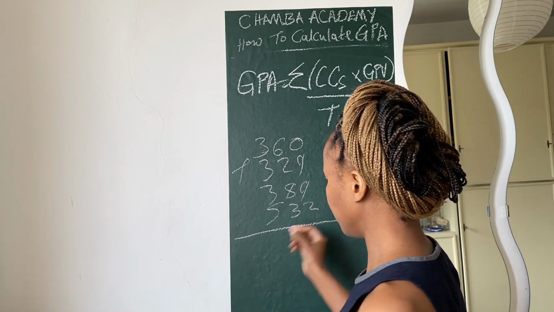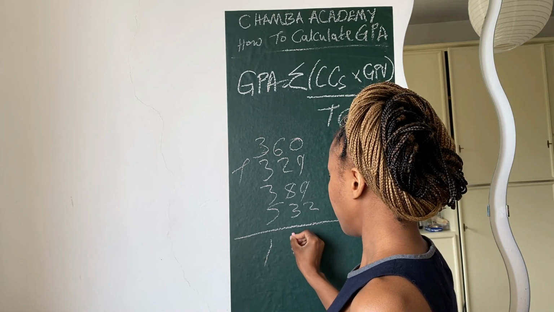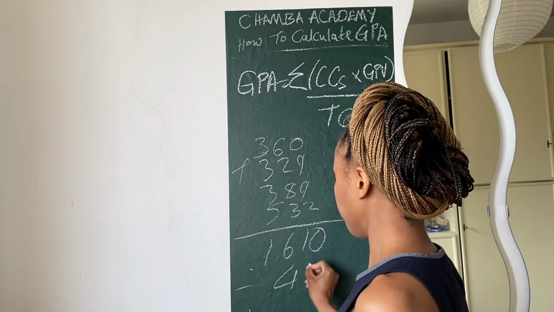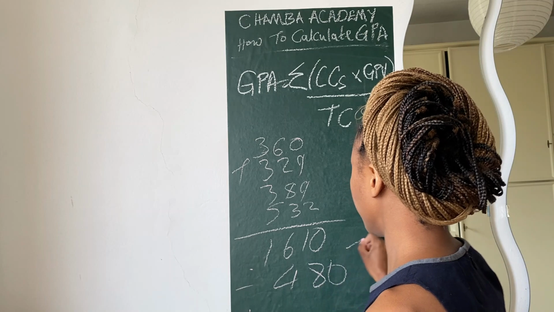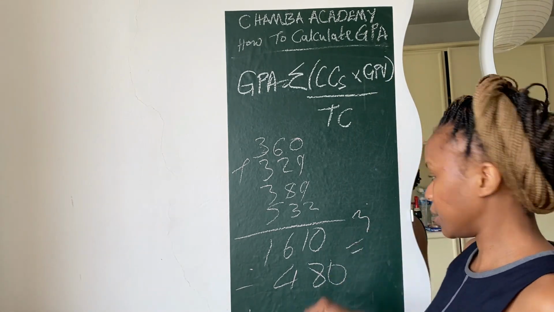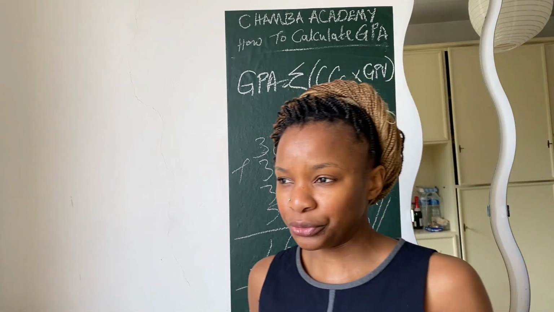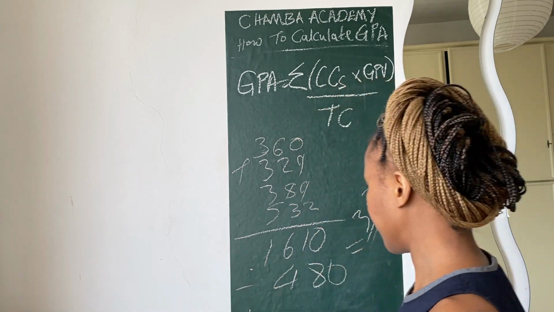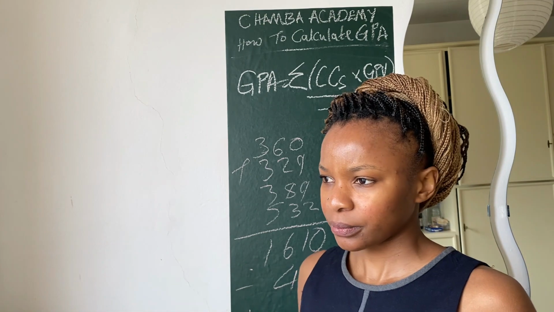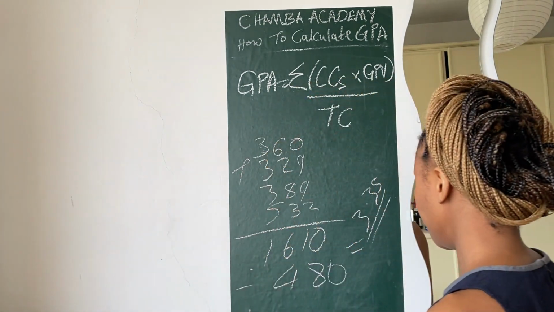So you add all this, it should bring you to something like 1,610, and then you divide this by 480, which will give you about a GPA of 3.35, which is slightly different from what I had calculated earlier, but it is within the same range.